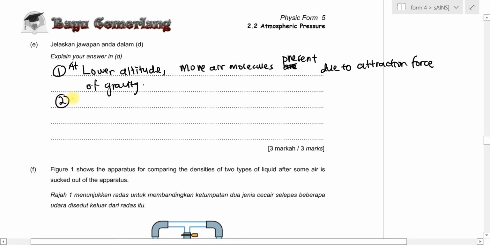Second point. What else you can tell? At lower altitude, more air molecules present due to attraction force of gravity. So the rate of collision between the air molecules increases.